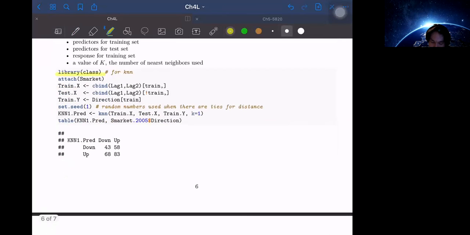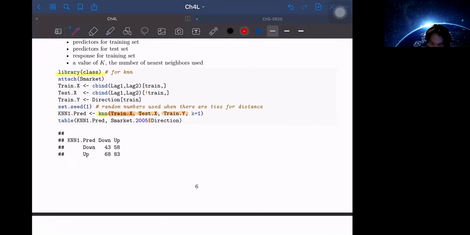The KNN function is used, but the format is a little different. We input the predictor for the training set, then the predictor for the test set, and then the response for the training set. So we have to have these 3 objects. This is a different format.